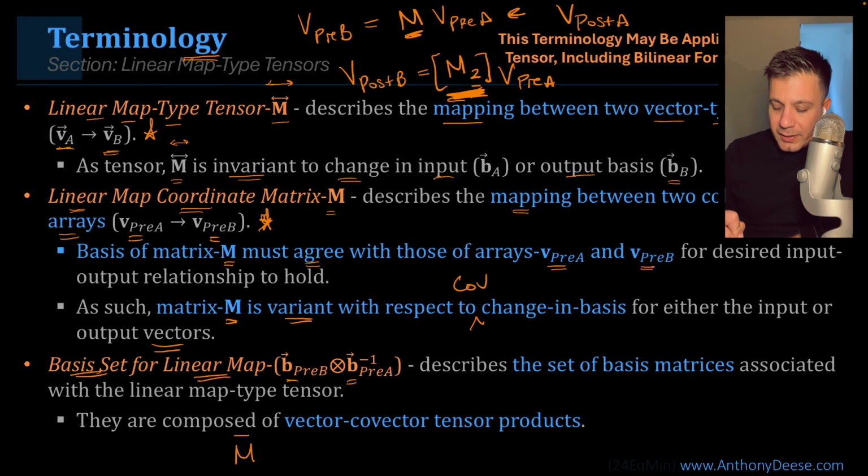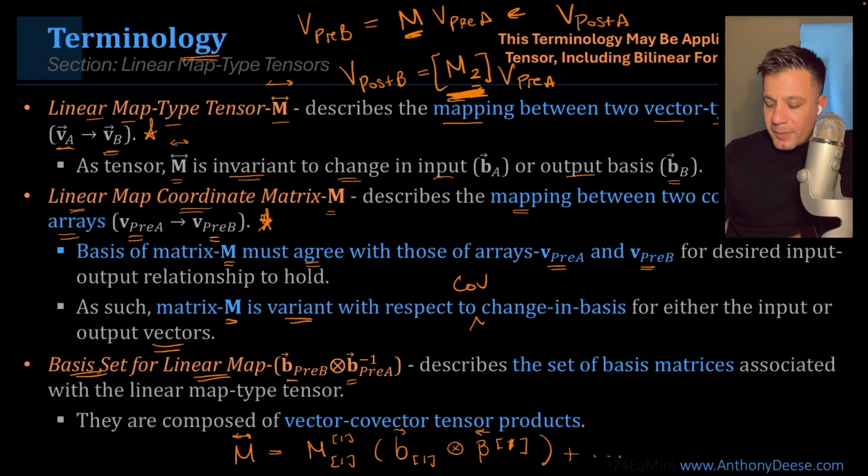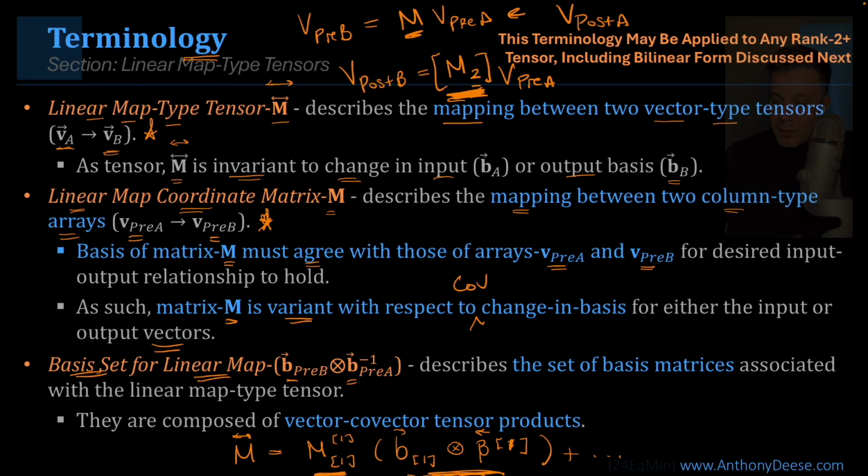And we can create our linear map type tensor as, right, and I probably didn't want to write all of this, but since we're already going down this path, right, the linear combination of the individual basis matrices times the coordinates that are associated with them.